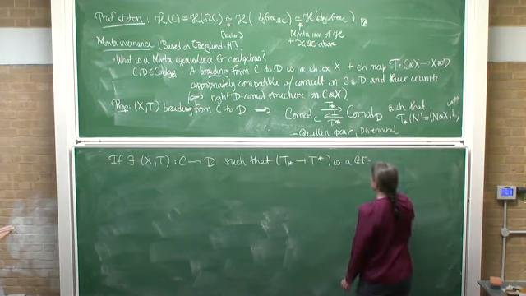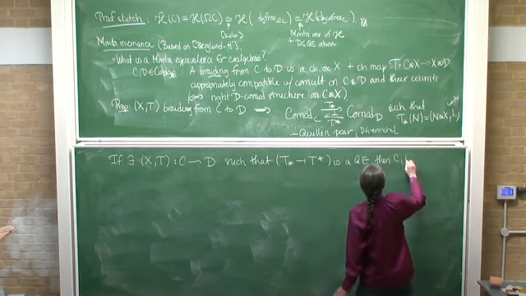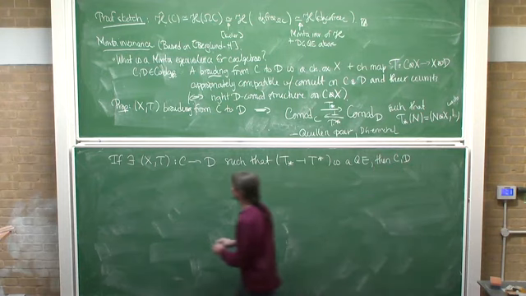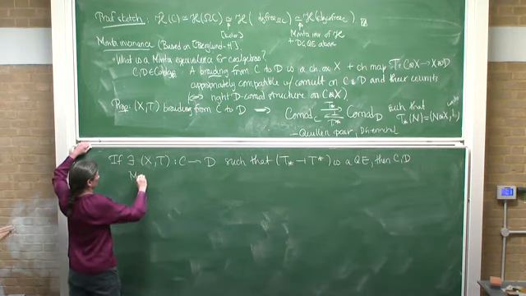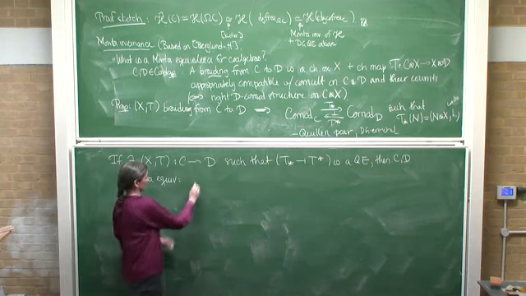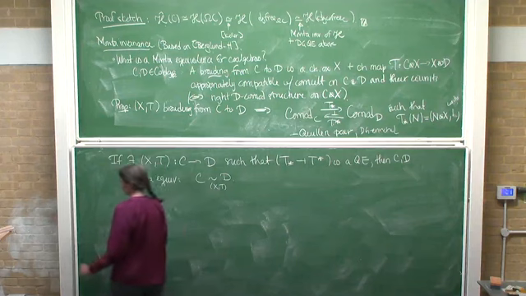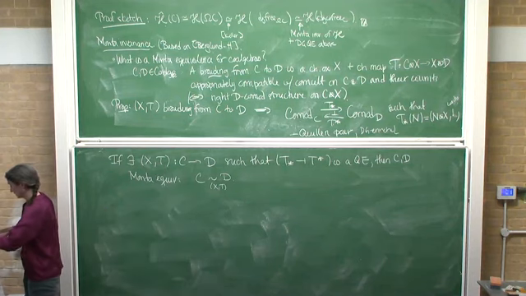So it works out nicely. Then C and D are Morita equivalent. And we'll write this like this. Alright.